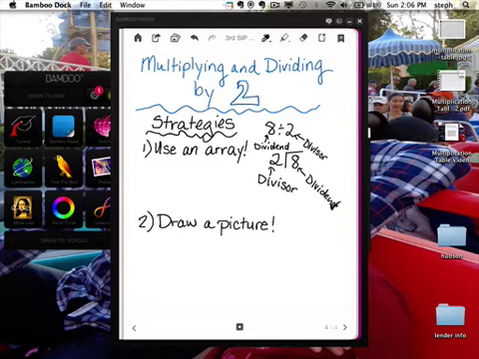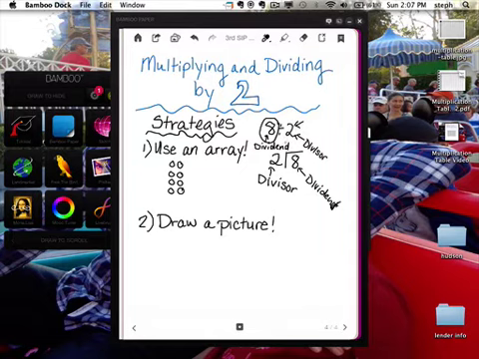Alright, so we're talking about dividing 8 into 2 things. So first I'm going to write an array. I know I have 8 things. So I'm going to go 1, 2, 3, 4, 5, 6, 7, 8. And it looks like I need to divide that into 2.